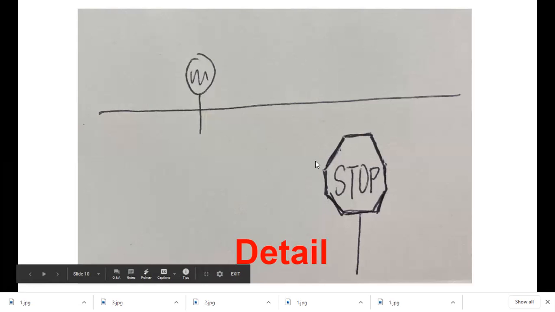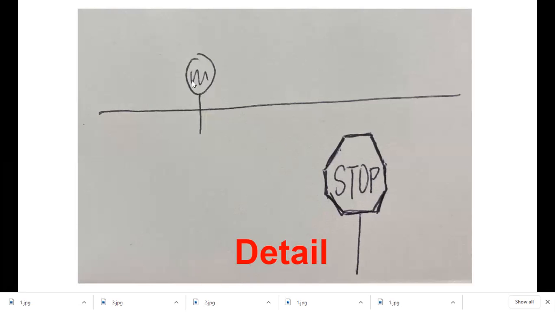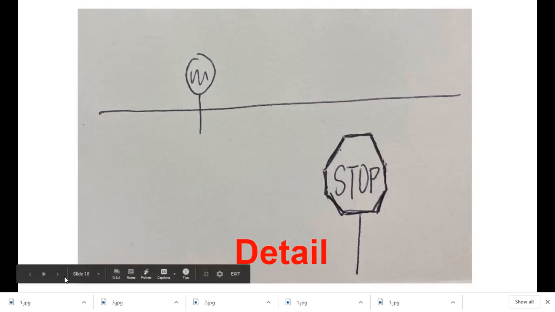So here on the stop sign, we see all the sides. We can read the letters and see the word stop. Over here, that octagon has pretty much just become a circle and we can't read what's on there. So a detail versus lack of detail. When we see detail, our brain thinks close. When there's a lack of detail, our brain thinks further away.